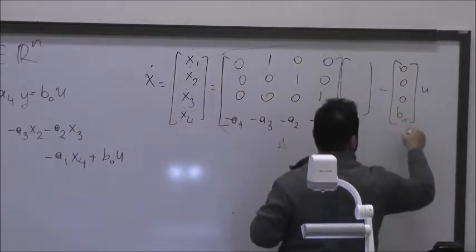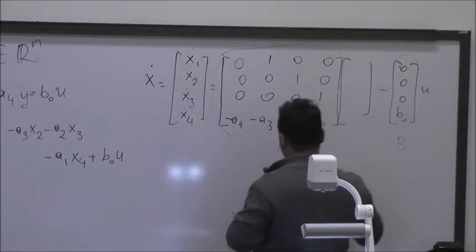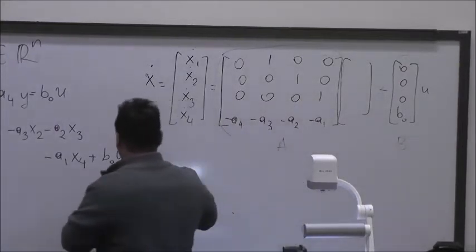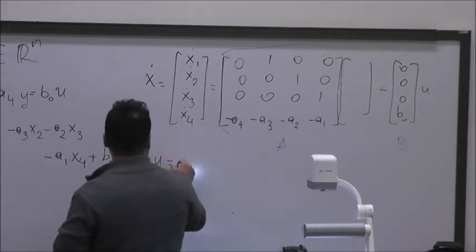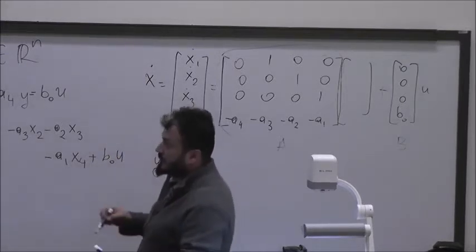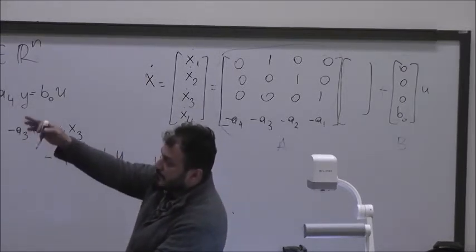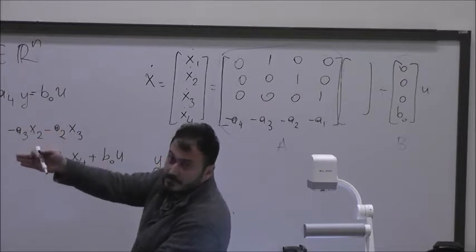This is your B. And for C, I have to write y equals 1, 0, 0, 0 times x1, x2, x3, x4.